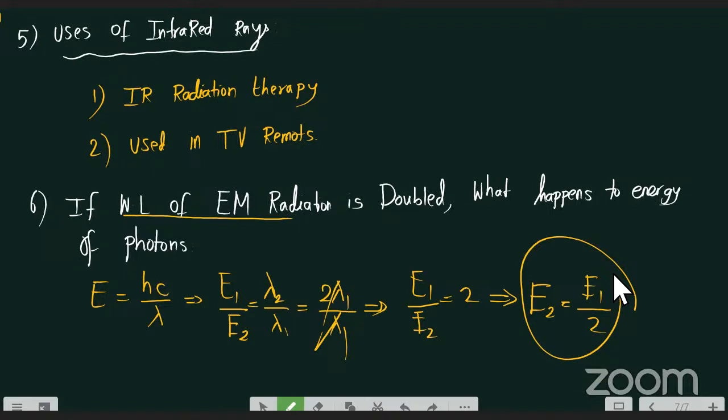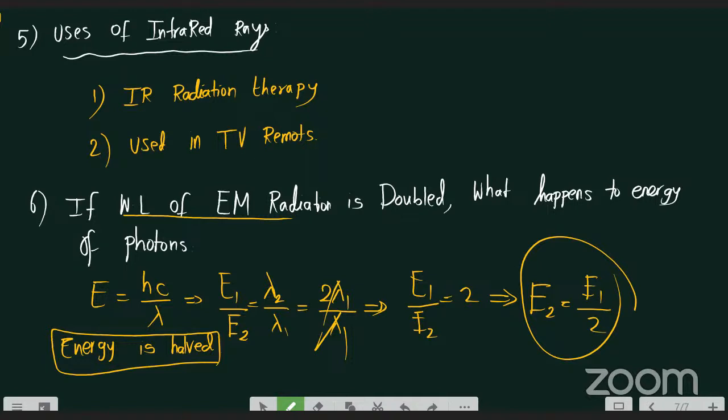If you are not able to do this derivation, just write down that energy is half. If you are able to write this statement, then it will be more than sufficient. When the wavelength is doubled, the energy will become half.